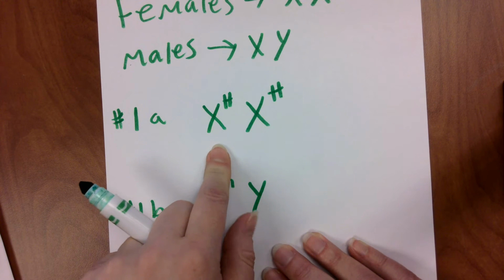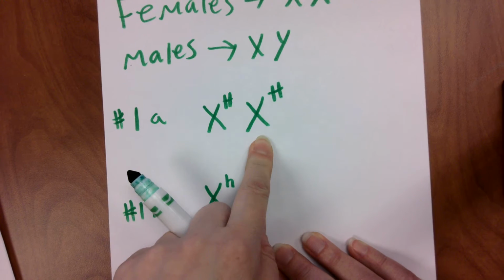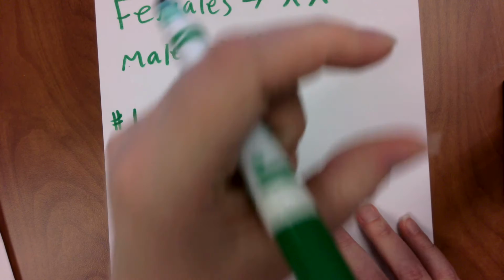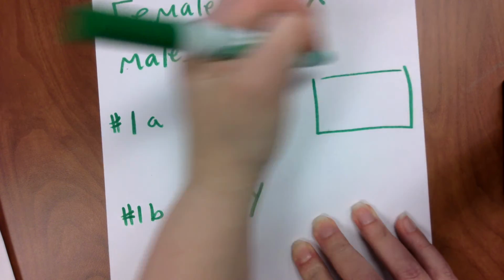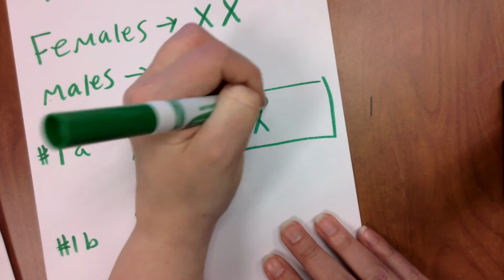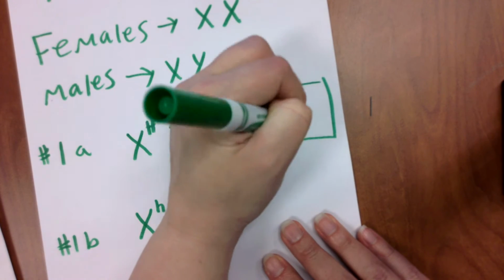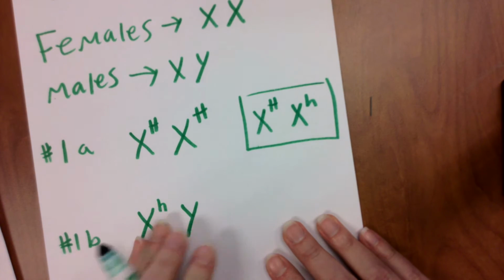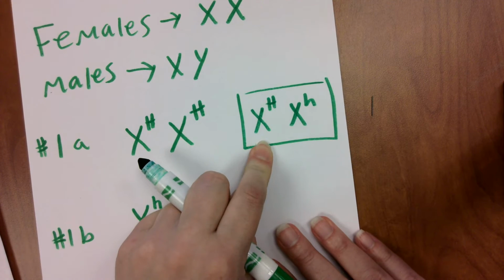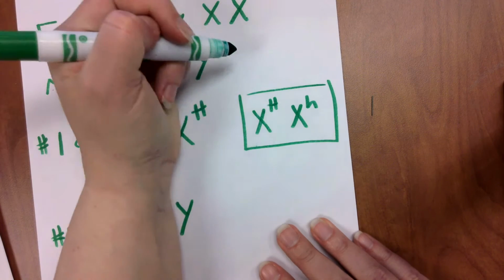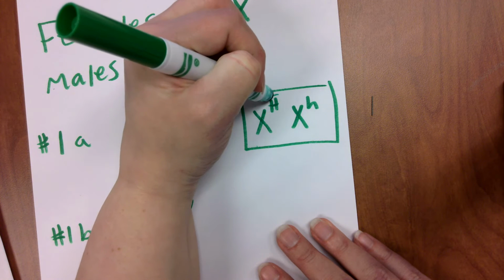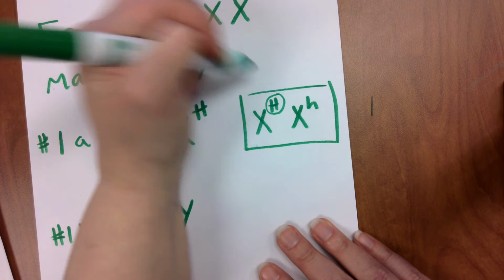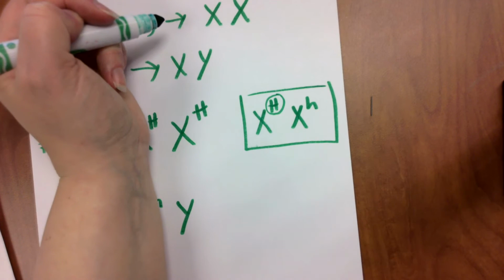Whereas a female, if she had an affected X, for example, if I had a female over here that looked like this, she would not have hemophilia because remember, with our dominant recessives, we need to have at least one dominant gene to cover up the recessive.